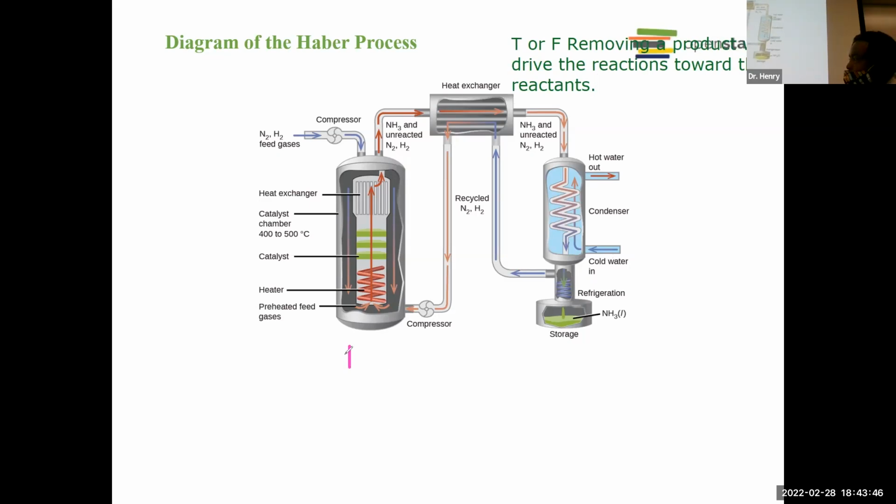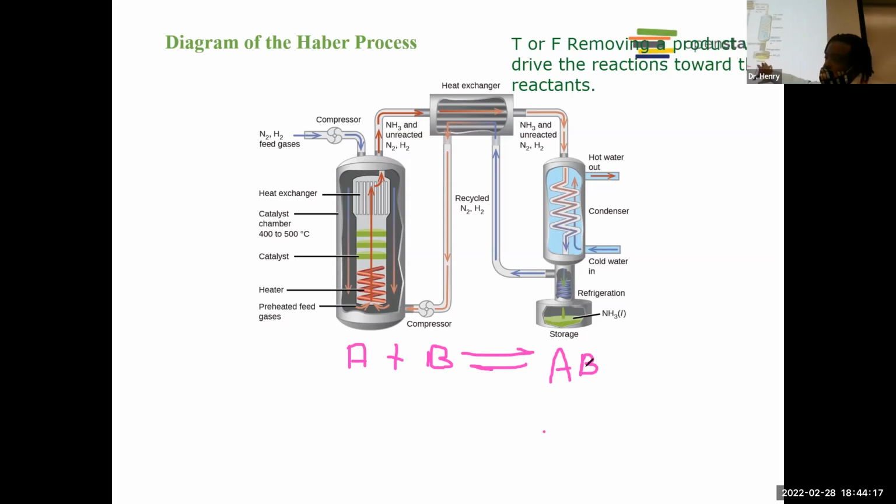If we have reactants, say A plus B, yields AB. If we're removing this, it's going to try to get back to equilibrium. So you're basically changing your quotient, right? We're taking this out, so it's going to drive the reaction towards the product.